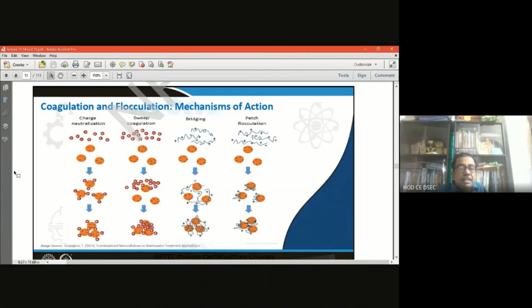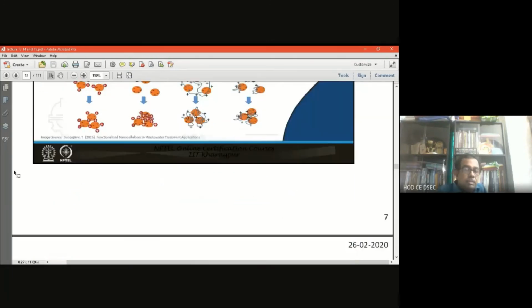So first the destabilization, the initiation, then finally the precipitation after flock formation. This is the mechanism of action of the combined process of coagulation flocculation. Coagulation is the physical process, flocculation is the chemical process, the combination of the two is the physicochemical process.